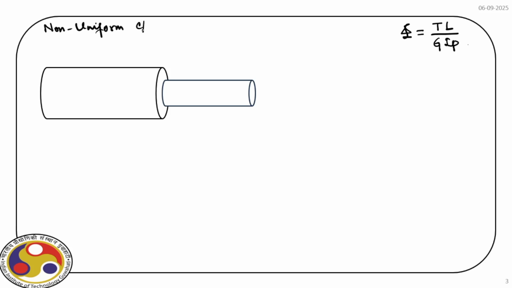Non-uniform cross sections can be of different types, as you can see in one example on your screen here. Now, in this example, say we have a torque T1 applied here, then T2 is applied here, then we can apply a torque say T3 here, and at this end we can apply another, say T4.